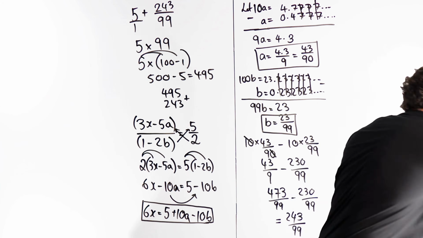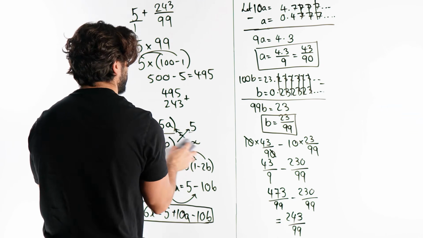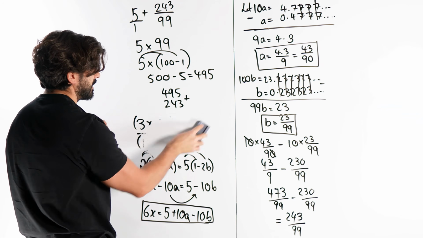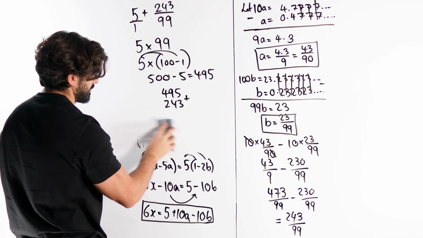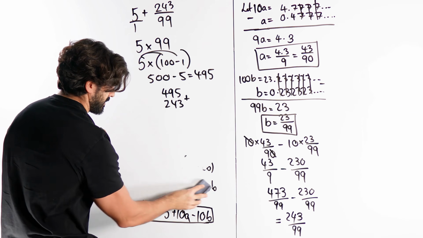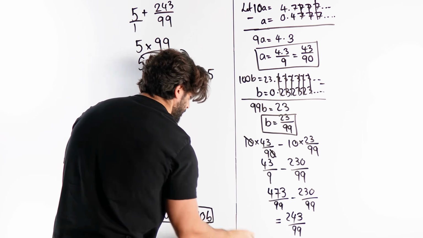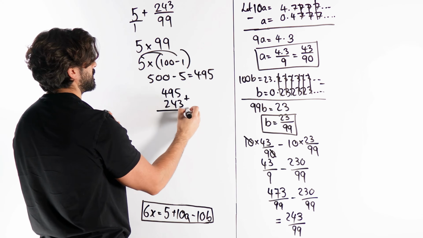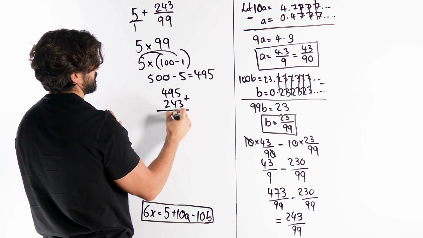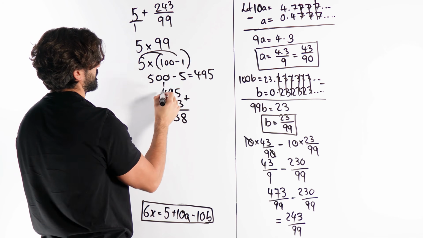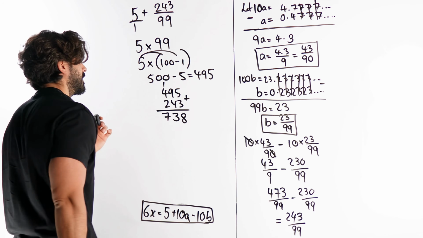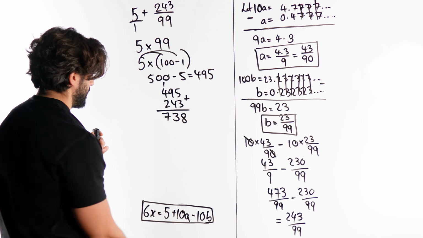Alright, so I still don't need to slowly start removing these bits. To be honest, I don't really need anything until this 6 bit here. Right, so we have 8, 9 plus 4, 13, 5, 7. 738 is what this is.